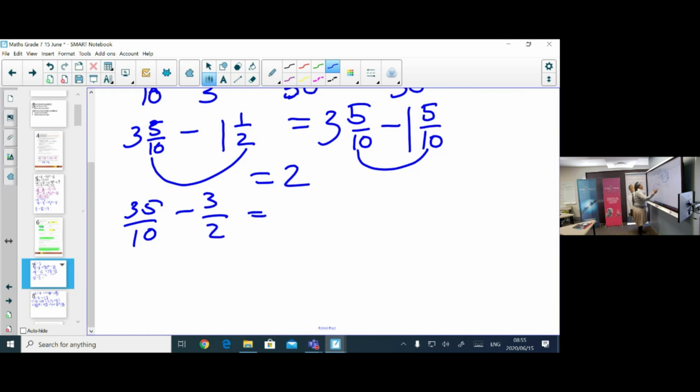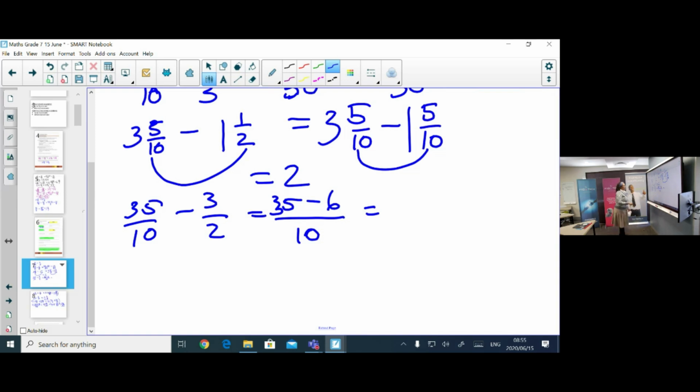And then you looked for the LCM, which was 10. So here 10 goes once times 35 is 35. And then 2 into 10 goes 5 times, times 3, which is 15. And then when you subtract it, what did you get?